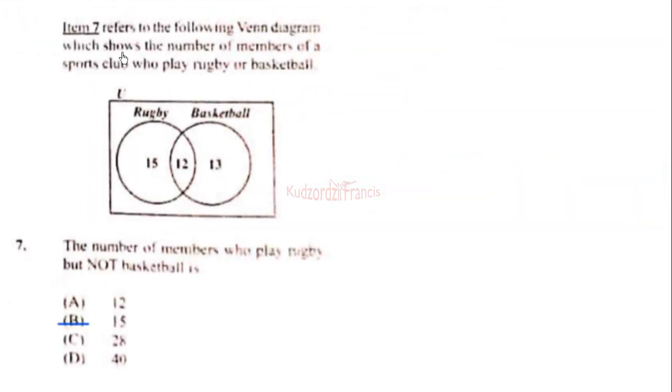Now let's look at this. Item 7 refers to the following Venn diagram, which shows the number of members of a sports club who play rugby or basketball. So this is the Venn diagram.